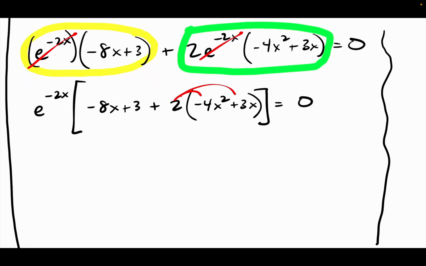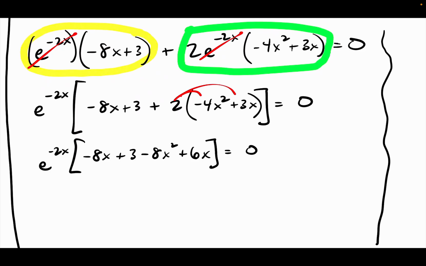Distribute. I get negative 8x plus 3 minus 8x squared plus 6x equals 0.